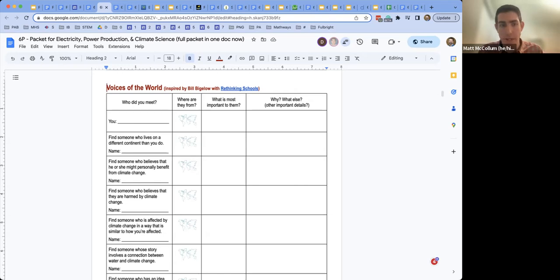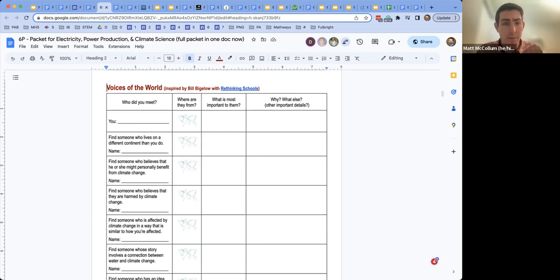What other important details? And then they get in groups, and lots of times we have groups of 6 to 8, kind of bigger circles, and have them get together and share out who their character is, and find out what's important to them from somewhere else.